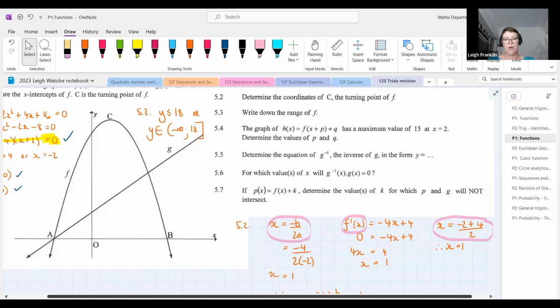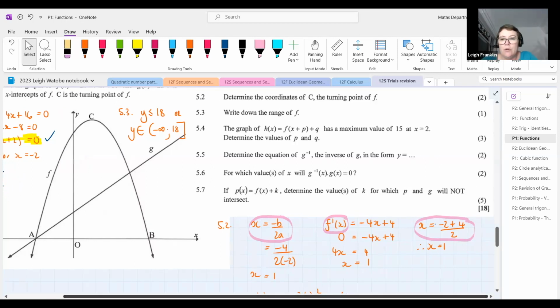So what's going on here? Who can describe what the question is giving us? What is the question saying? What does it mean?